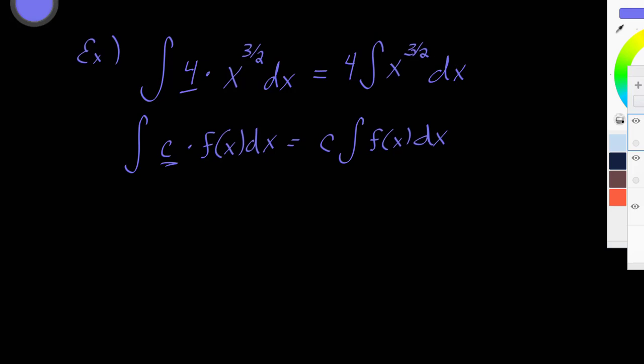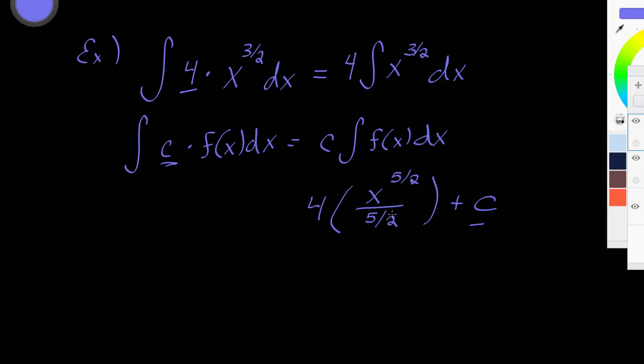Okay, now when we do that, we are going to get 4 times the antiderivative of x to the 3 halves. Remember, we add 1 to that exponent, so it would be x to the 5 halves, divided by your new exponent, which is 5 halves, and don't forget, we always need to add that plus c.